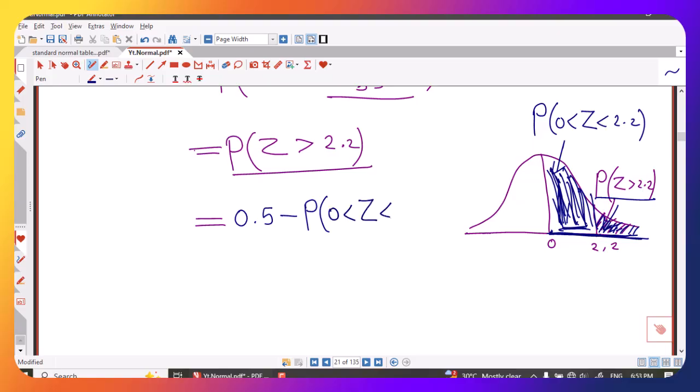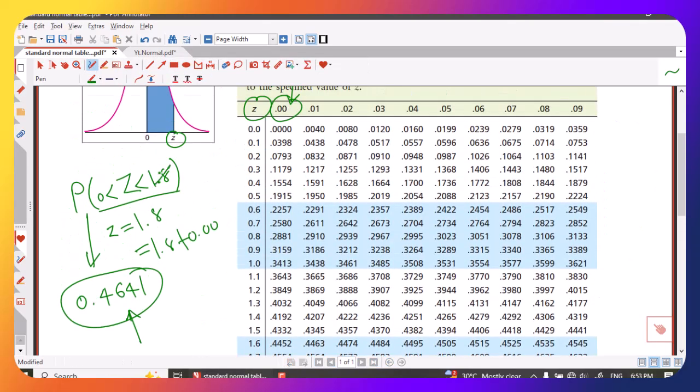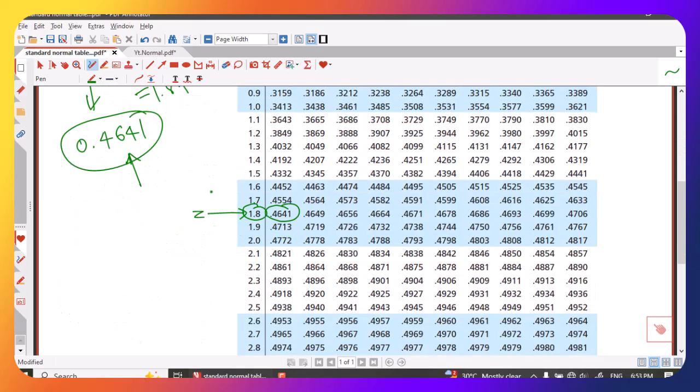So here I write 0 less than Z less than 2.2. And to obtain this probability, we again use this table, the standard normal table. Now we have to search for 2.2. Now Z is 2.2, and we can visualize 2.2 as 2.2 plus 0.00.